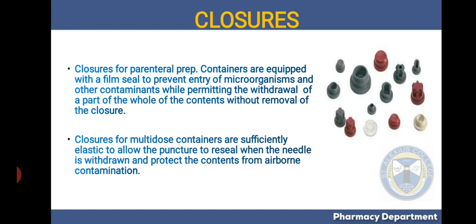For closures for parenteral preparations, containers are equipped with a film seal to prevent the entry of microorganisms and other contaminants while permitting the withdrawal of a part or the whole of the contents without removal of the closure. Closures for multi-dose containers are sufficiently elastic to allow the puncture to reseal when the needle is withdrawn and protect the contents from airborne contamination.